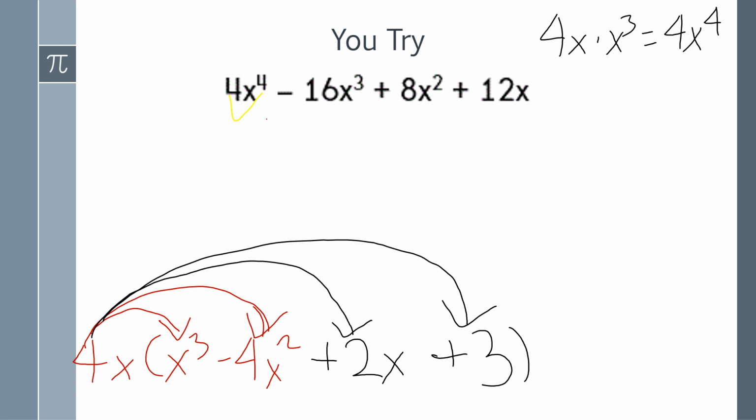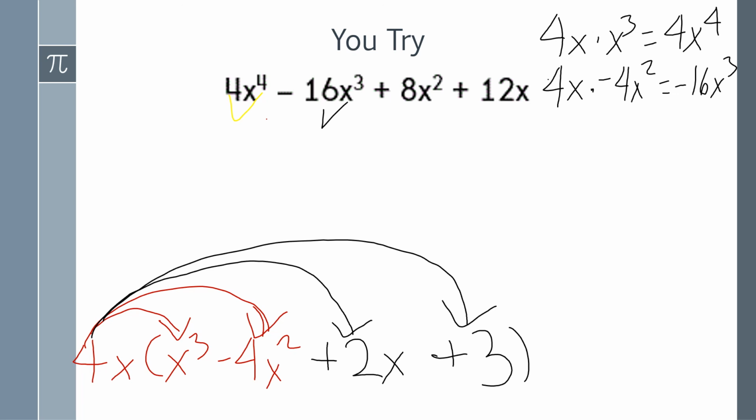All right. 4x times negative 4x squared is negative 16x cubed. Check. I got that one.